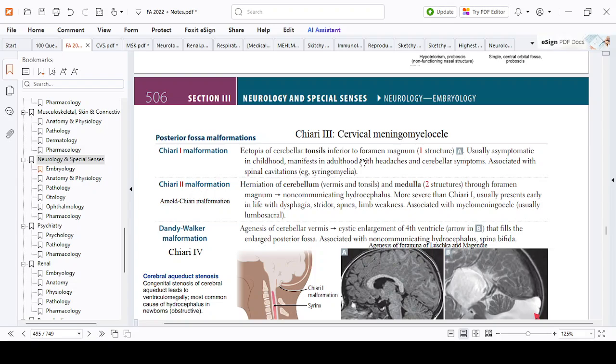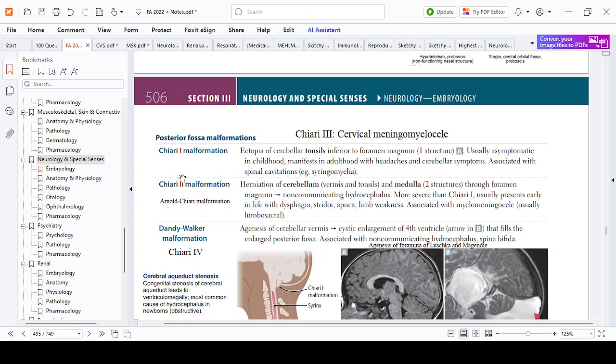Basically, syringomyelia is the cavitation of the spinal cord, and in Chiari malformation the basic problem is a mild displacement. Usually it's compensated in childhood, so the symptoms usually appear in adulthood, with clinical findings like headaches and ataxia, which is a cerebellar symptom.